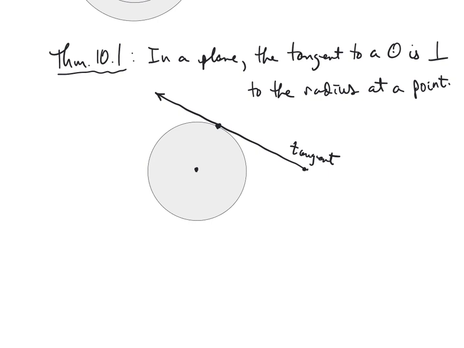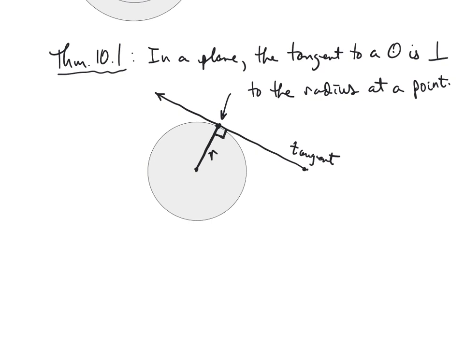So now if I were to draw the radius in to the same point, so if I draw this radius in here, what the theorem says is the tangent line and the radius are going to be perpendicular to each other at that point, at the common point. Okay? So that's our theorem 10.1.